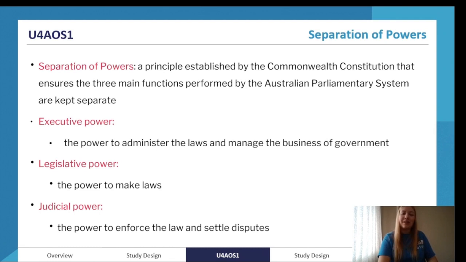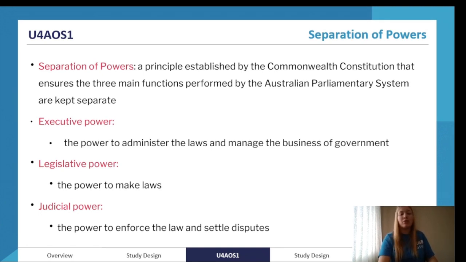Now, in theory, this is kept pretty separate. The Governor General technically represents both executive and legislative power and overlaps with judicial power because he appoints the High Court judges. However, in theory, this is not much of an issue. It's not likely to be many problems arising from this because it's more of a formal step.